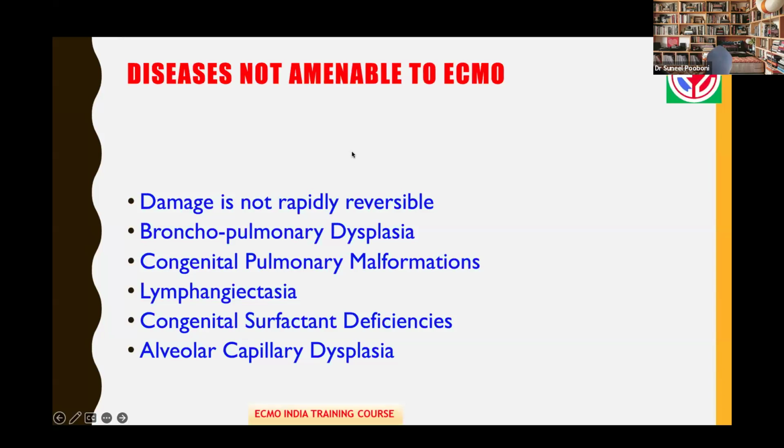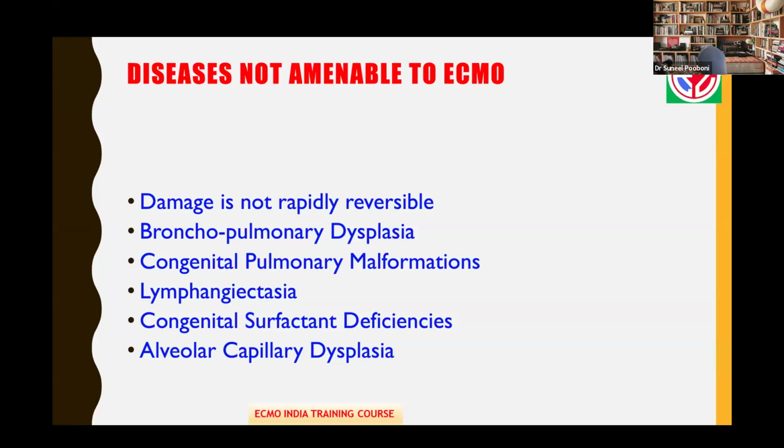Some conditions are not amenable to ECMO. When these conditions are there and it is evident, then we don't want to place the patients on ECMO. Sometimes, as it is a gray area, we may not know initially if the patient has any of these conditions.